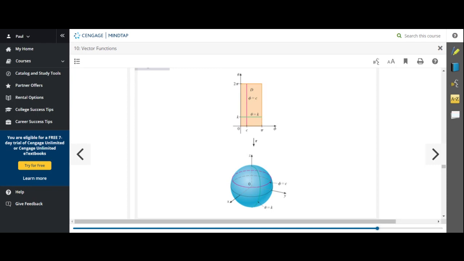Well, phi equals pi over 2 would put you in the xy plane. That's 90 degrees. But right, the answer is 0.